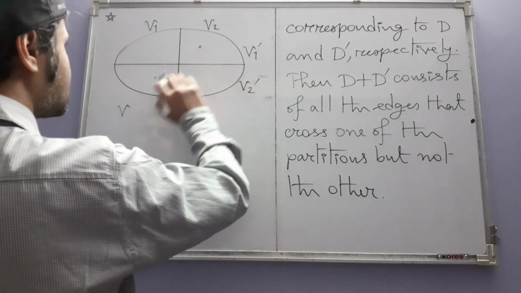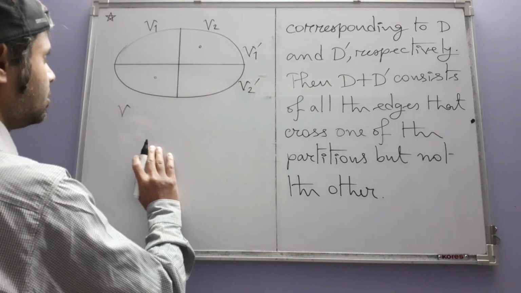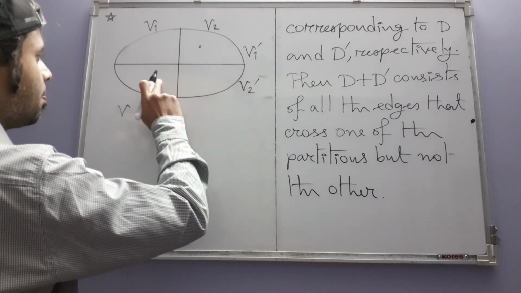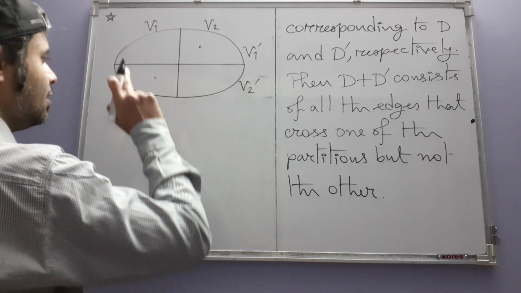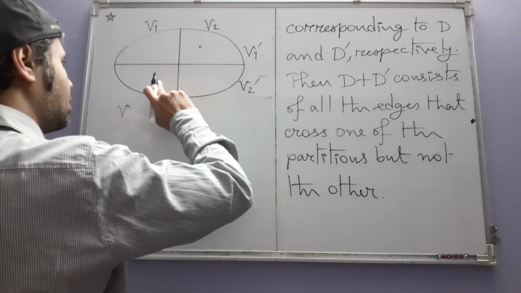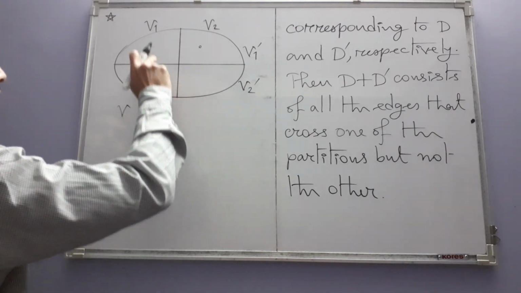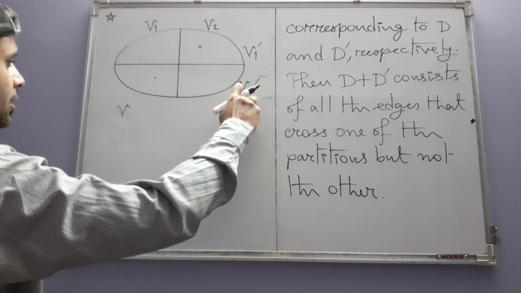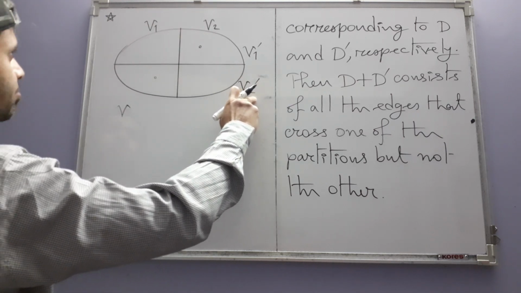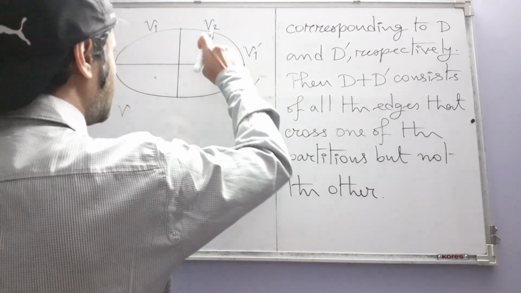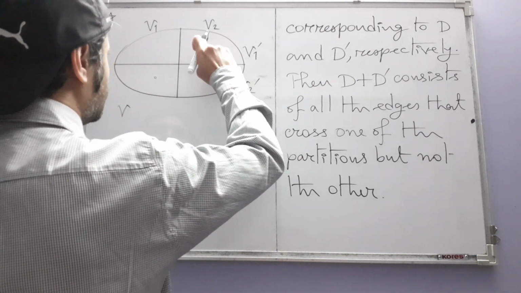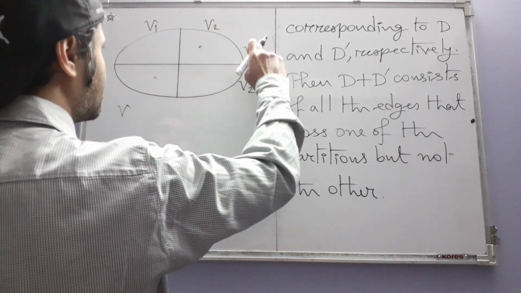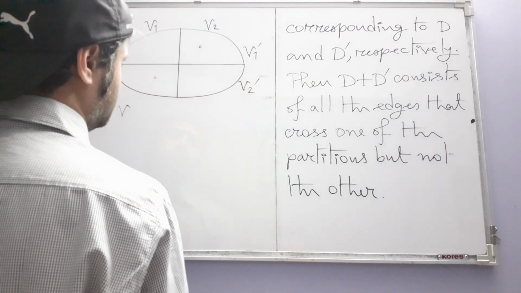Because if I have an edge whose one end lies here, then it belongs to V1 intersection V2 prime, and the other end is lying here, which means that the other end belongs to V2 intersection V1 prime.